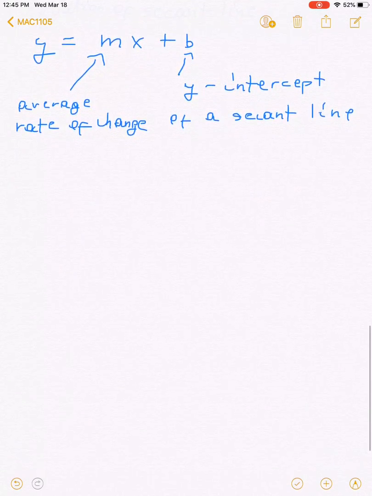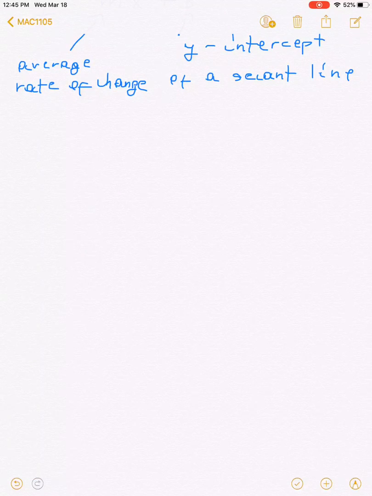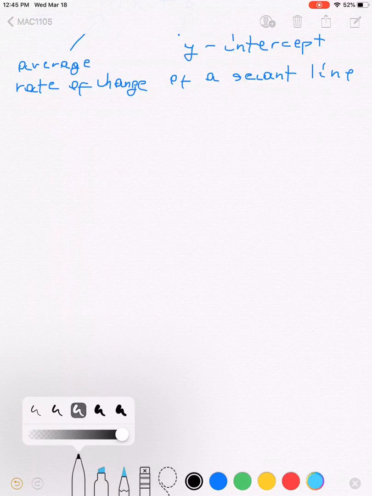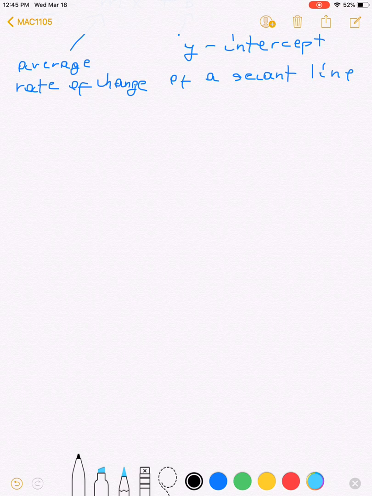Okay, so let's do one example. Let's do the example where we have to find the equation of a secant line. And again, don't forget that average rate of change is y2 minus y1 divided by x2 minus x1. So let's do the example.